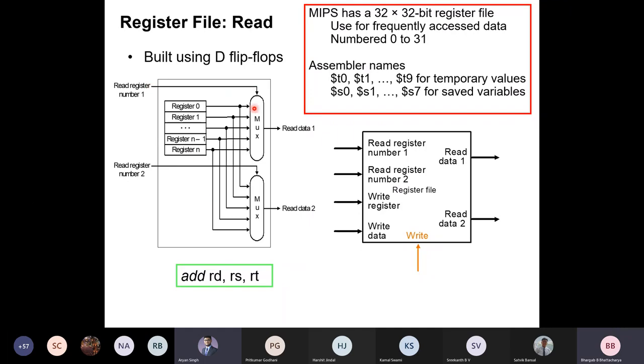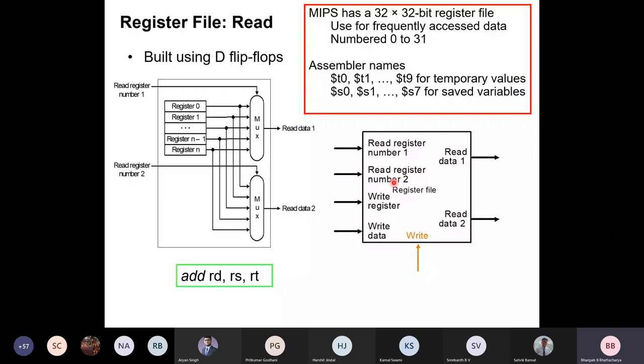Yes, 5 lines are there. And each input of this multiplexer has 32 lines, and each line is 32-bit wide. Mind that. And in the register file, we have a mechanism for reading 2 registers, because in MIPS operation, we often need to read 2 registers.